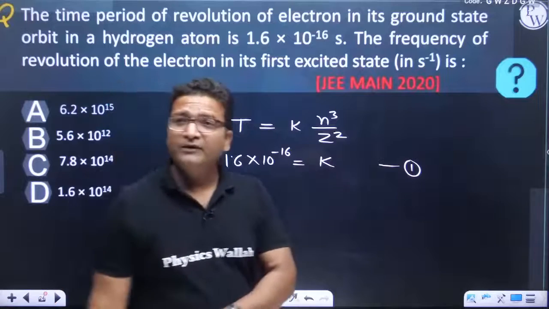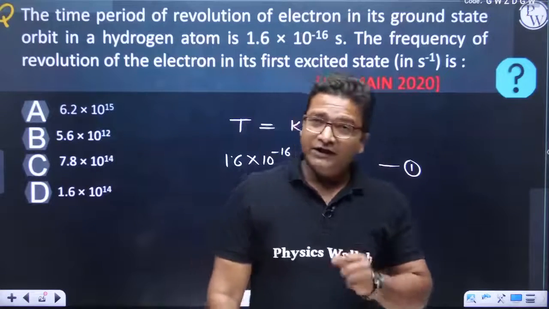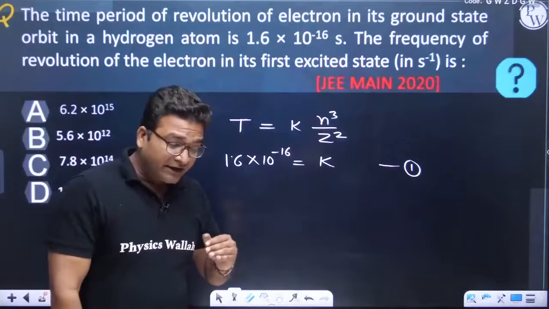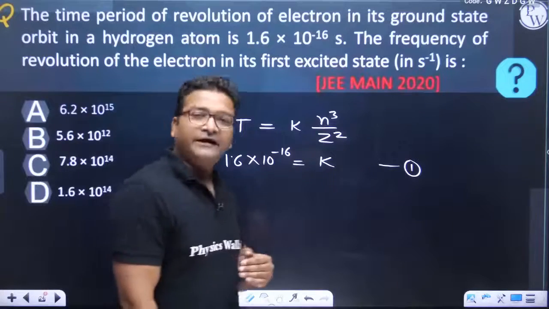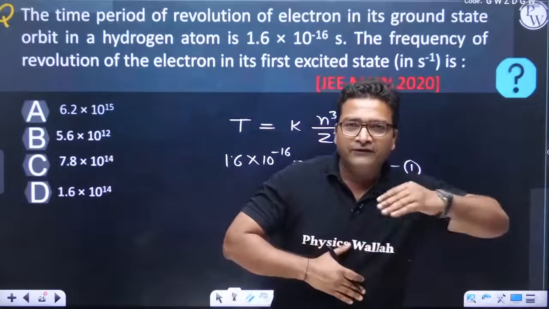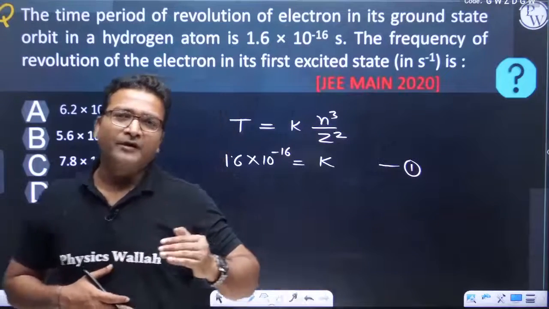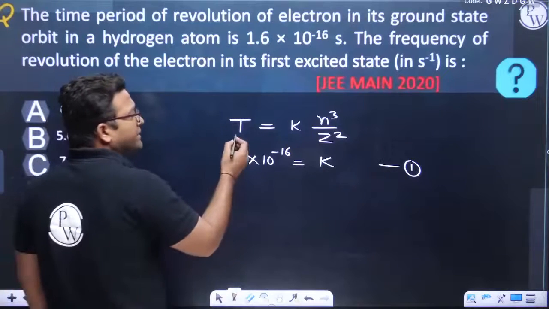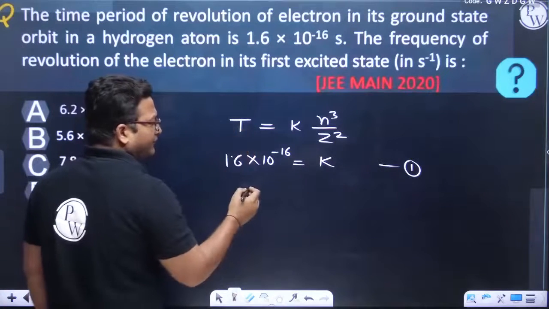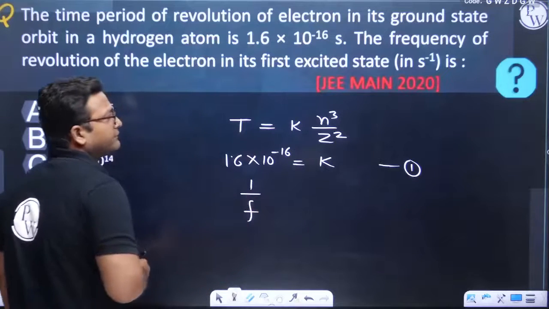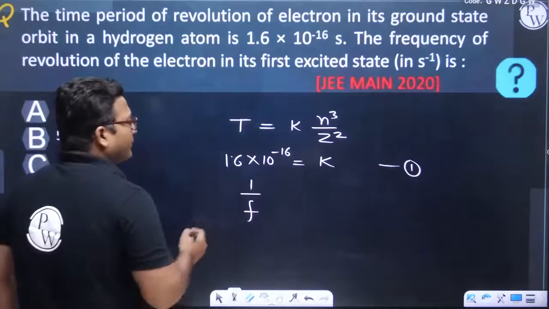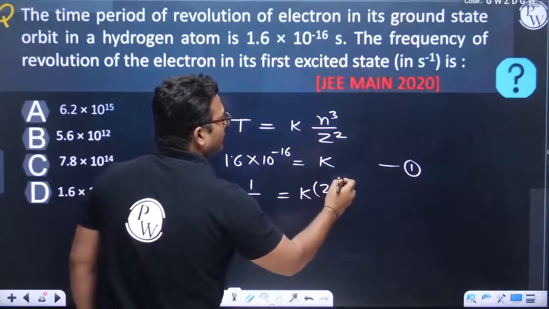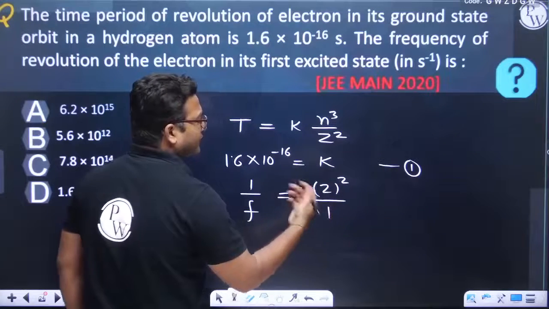Now they say, what is the frequency of revolution of the electron in the first excited state? What do we mean by first excited state? Actually, the second orbit is called first excited state, because after ground state, every state is excited state, and the second orbit is the first excited state, right? So if we make n equals 2, at the place of T we can write 1 over frequency, because they are asking us frequency, and 1 over frequency equals k times n square, which is 2 square, divided by z square, which is 1.